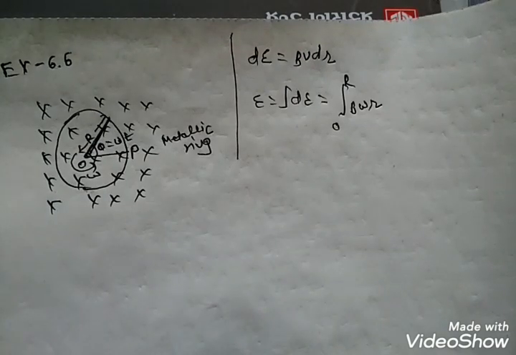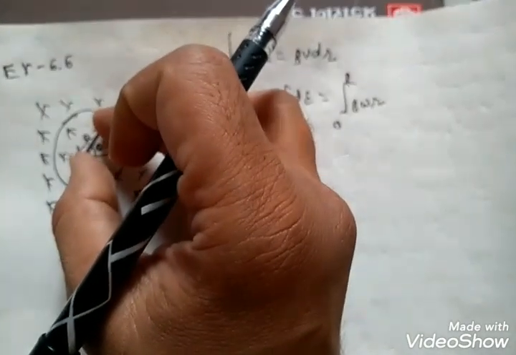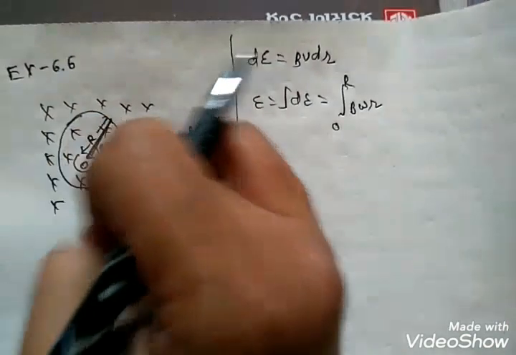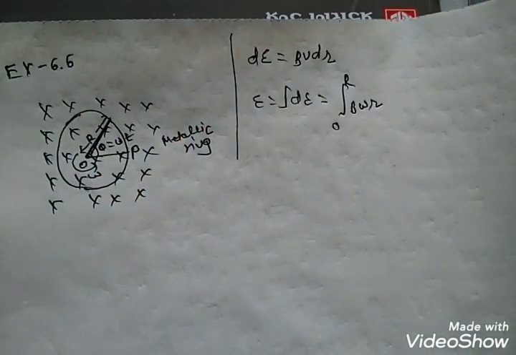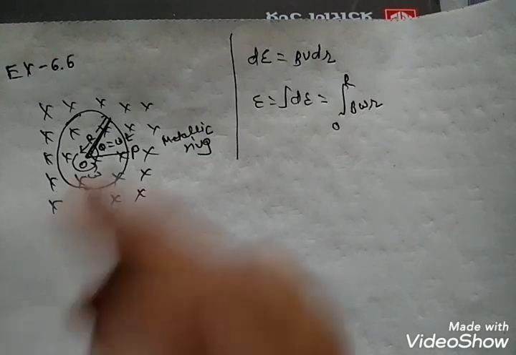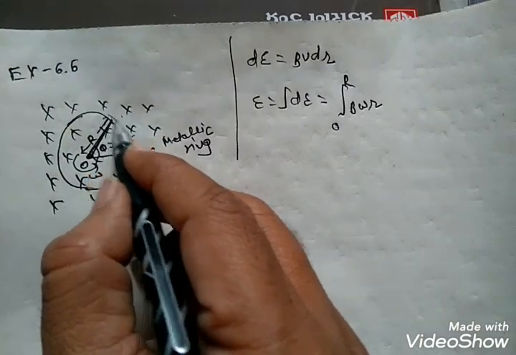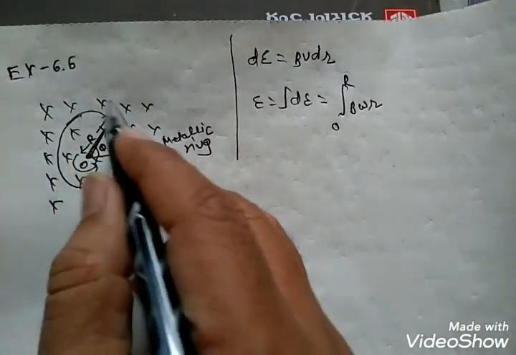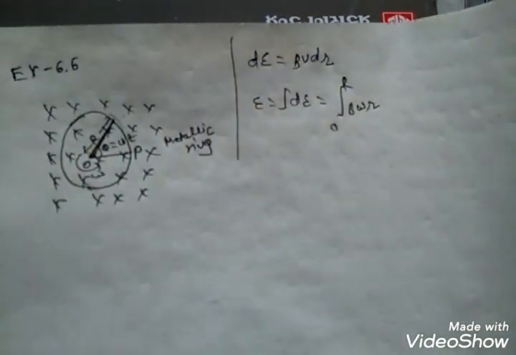Example 6.6. Here a metallic rod of 1 meter length is rotated with a frequency of 50 revolutions per second, with one end at the center point and the other end on a metallic ring of radius 1 meter, about an axis passing through the center and perpendicular to the plane of the ring.